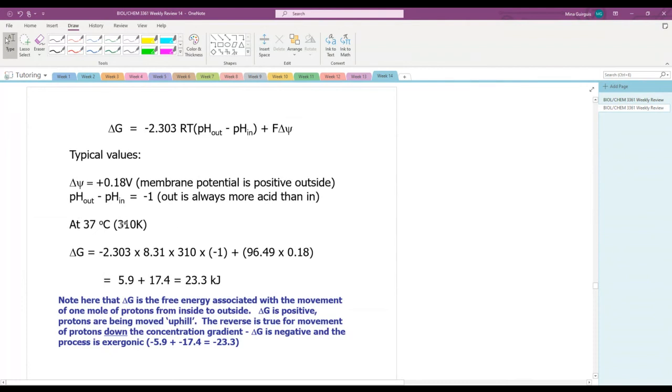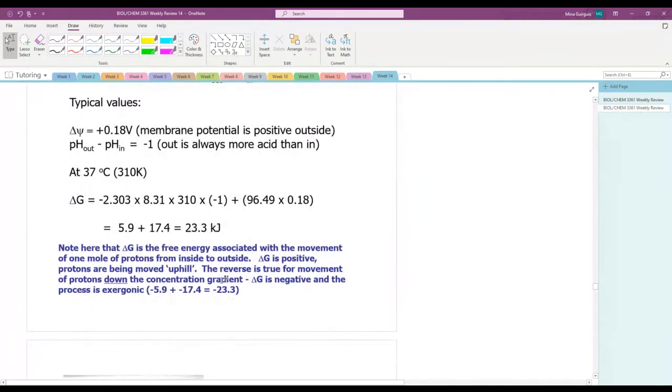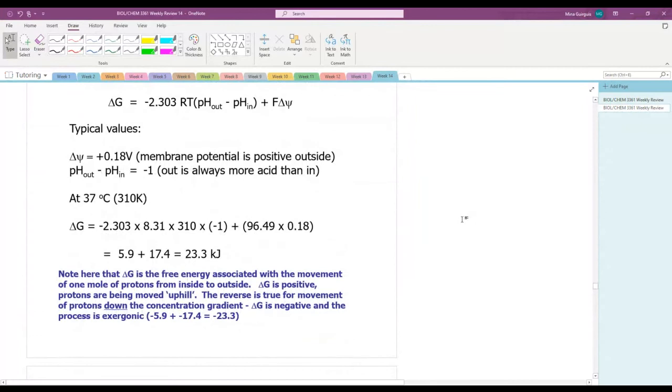And so at 37 degrees Celsius, about internal body temperature, we get 23.3 kilojoules. In other words, this is the movement from inside to outside. This is a movement of more protons into the intermembrane space, where it's already really, really positive.